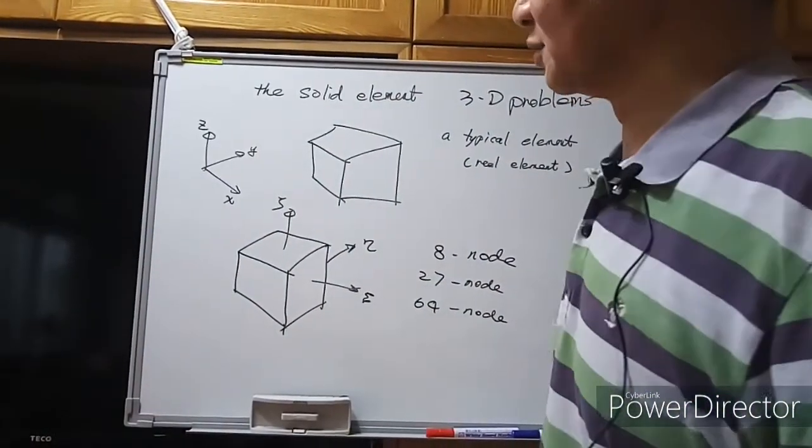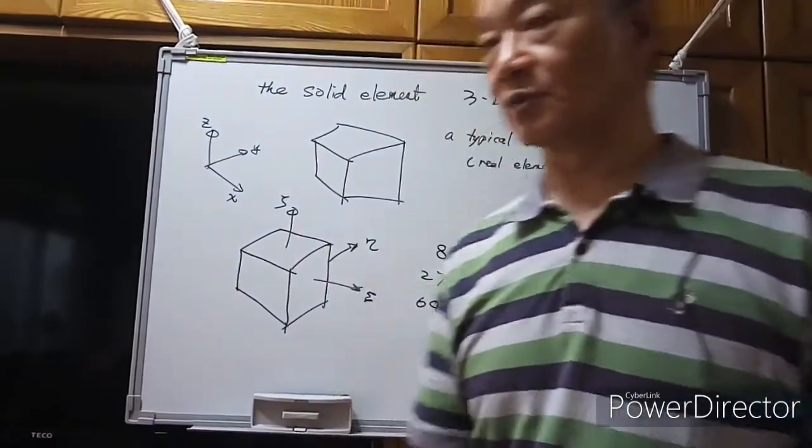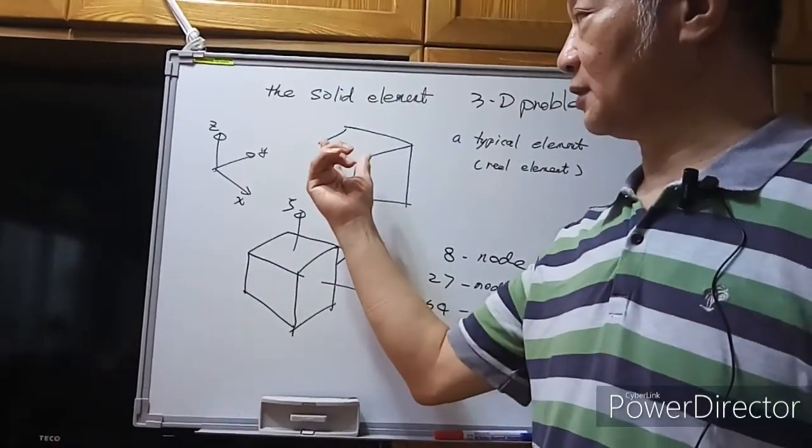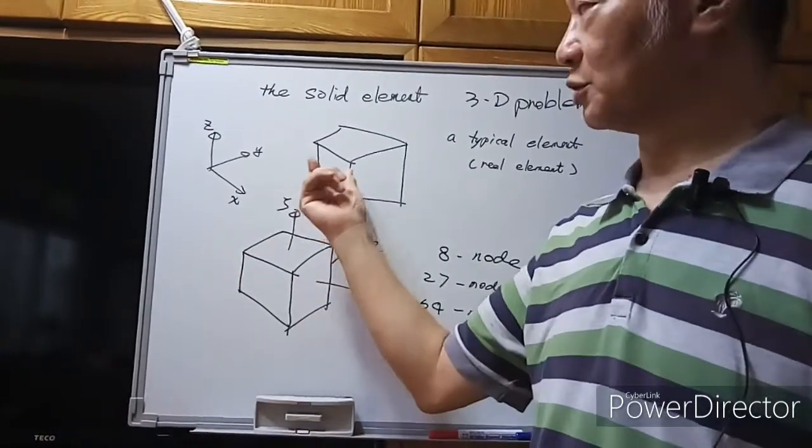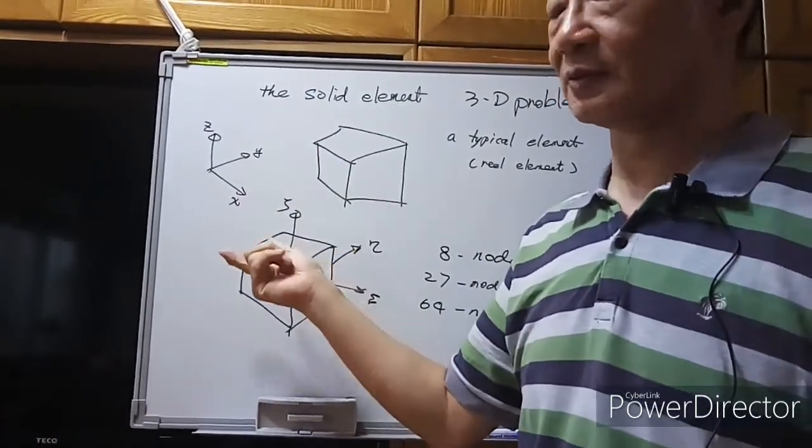So we have the real element, we have the master element, and also we need to define the geometric mapping. The geometric mapping will send the nodal coordinates to the master element, which is a point-to-point mapping.